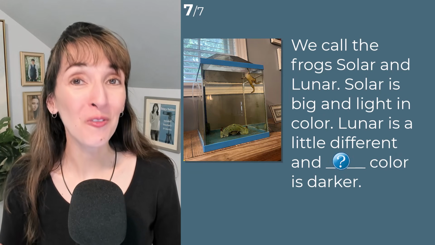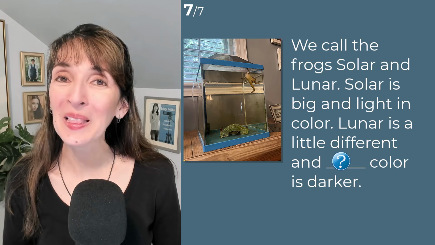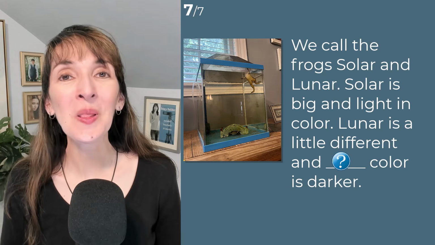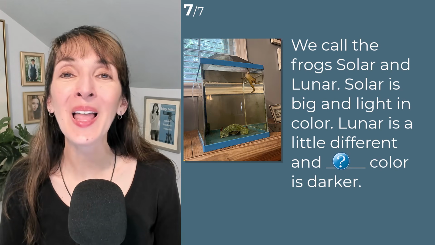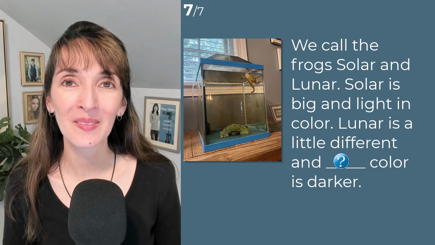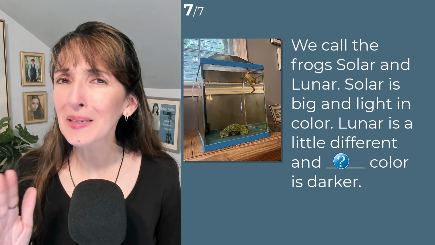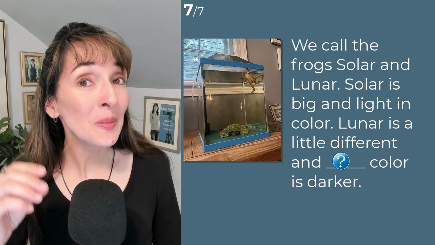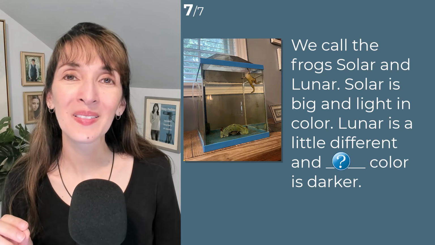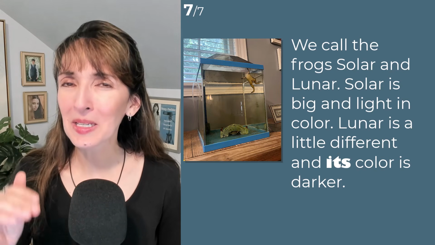We call the frogs Solar and Lunar. Solar is big and light in color. Lunar is a little different and its color is darker.